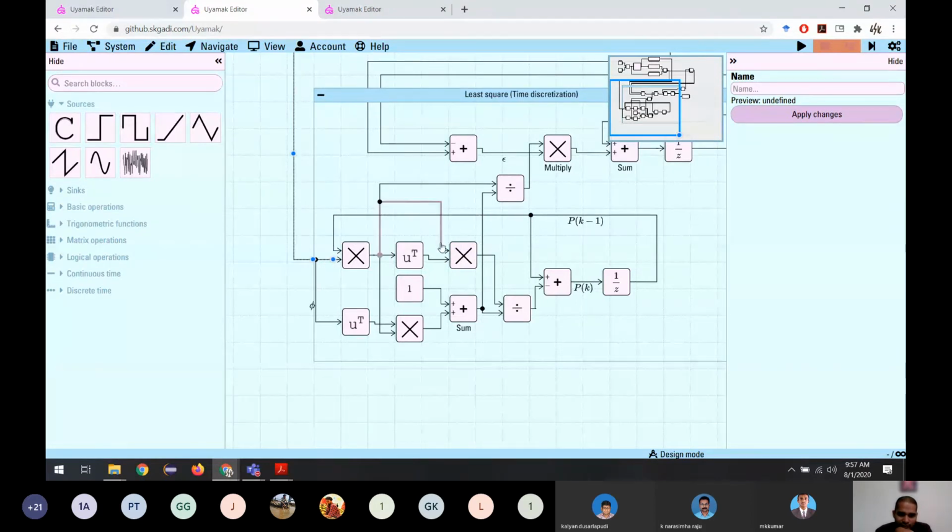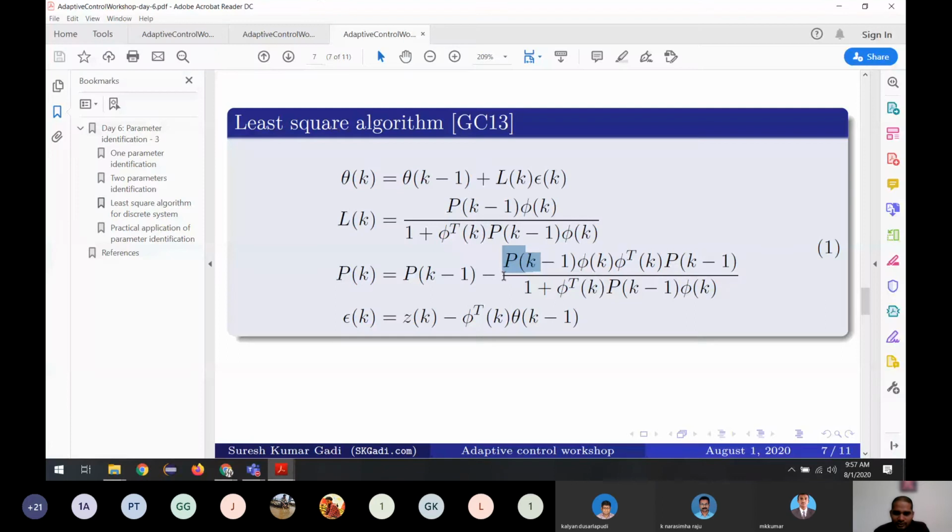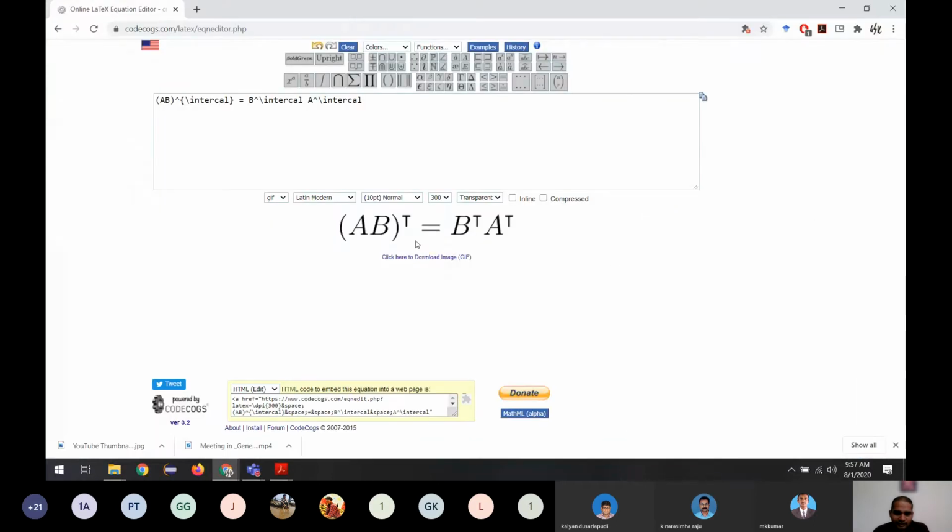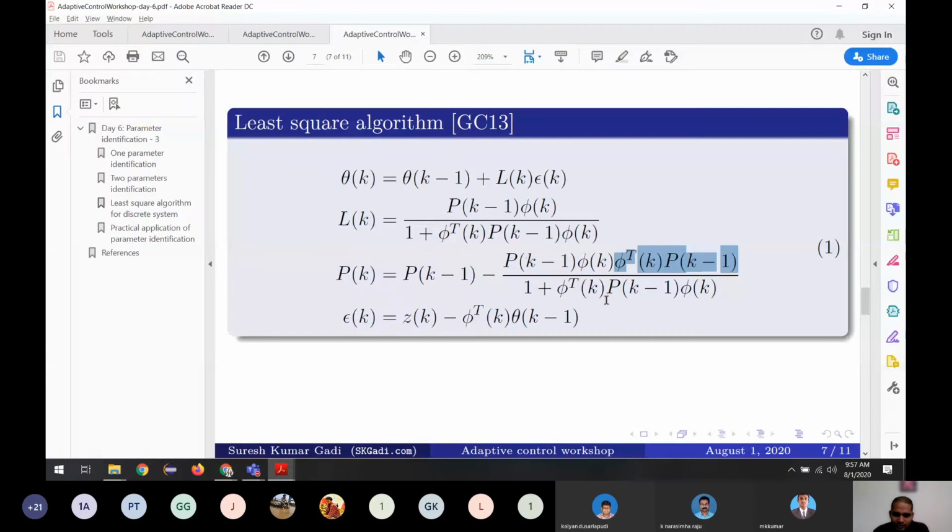So we are giving this as one input. What is the other one? The other one is the transpose of the previous one. That's why we have (AB) transpose equals B transpose A transpose. So if you see P phi transpose, we get phi transpose times P transpose. But we are saying P transpose is equal to P, so we are writing P.